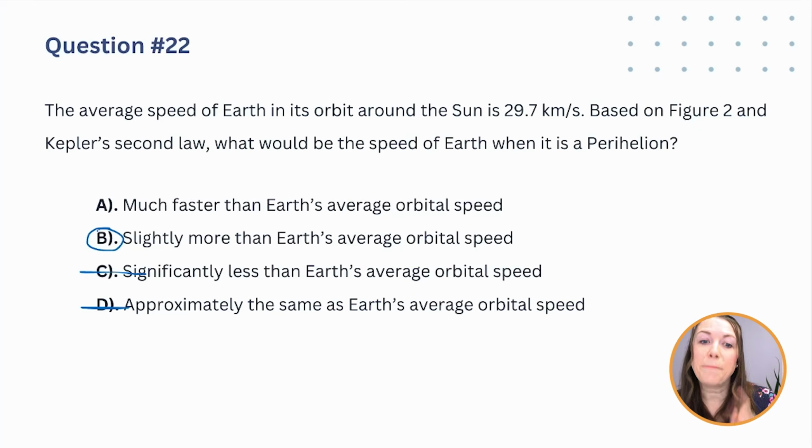The wording would have been maybe saying when it's closer, it is significantly faster, right? But if it's just saying it's faster, that's not emphasizing it's much faster. So B is going to be the answer. So really using the wording helped you distinguish between A and B, but then everything else helped you eliminate C and D. Okay, this question is actually marked easy, so we can take a little break before we get to some hard ones.